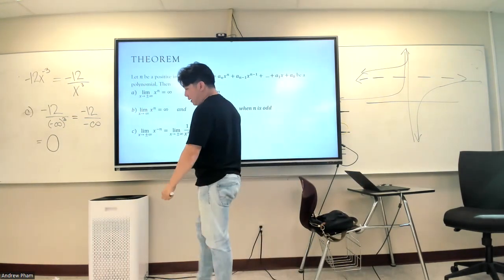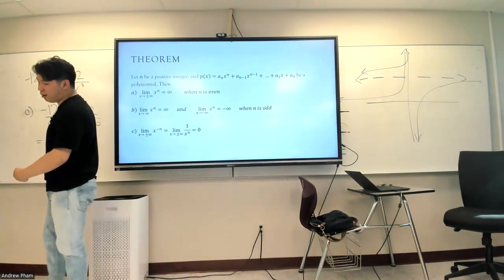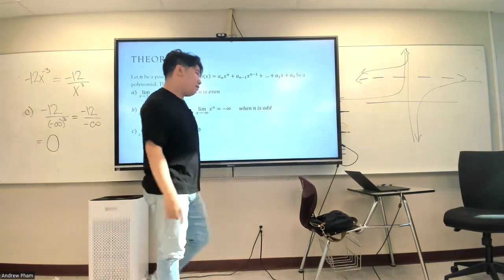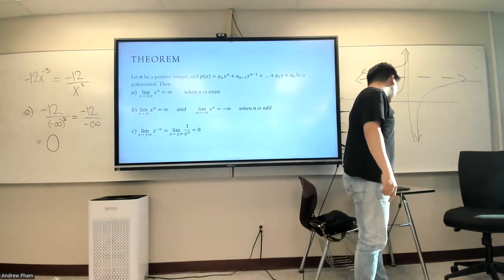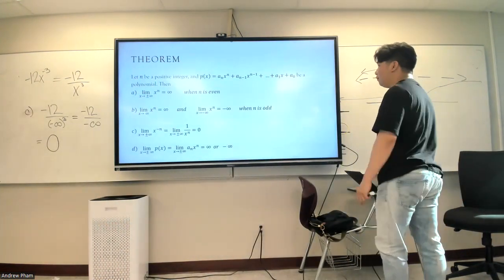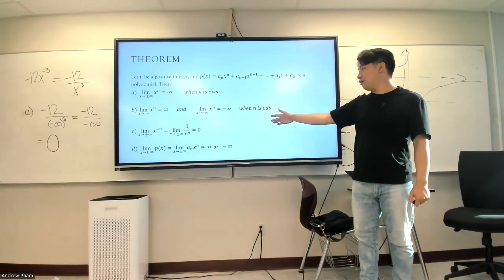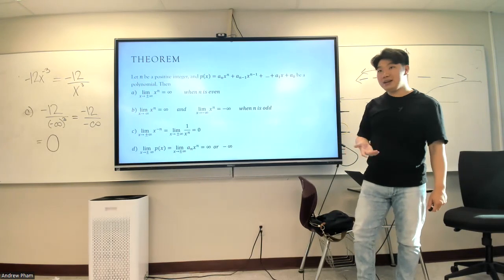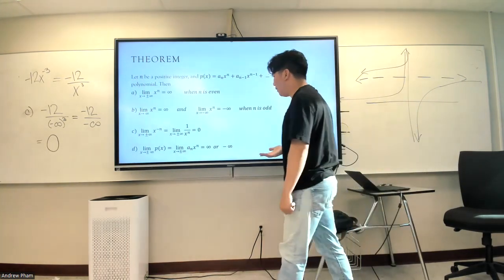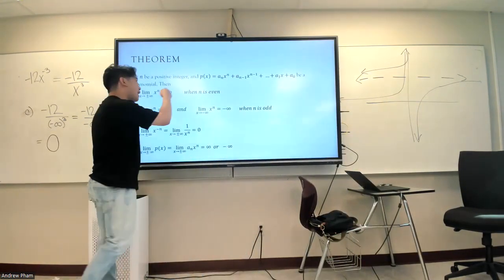So all of these are going to be some type of infinity. And as it turns out, whenever I take the limit of a polynomial, something that's a long line of x's, your answer is going to be either infinity or negative infinity, depending on the highest power.